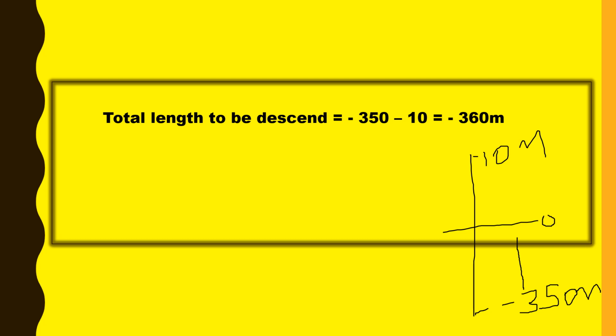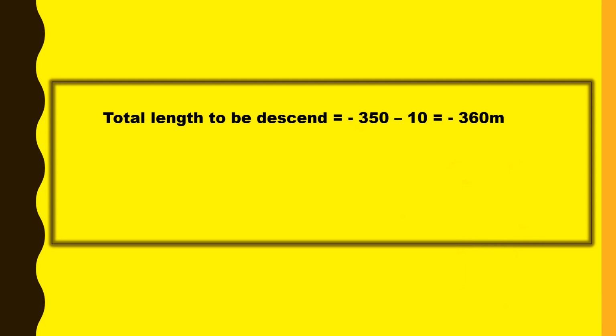But here the elevator is starting at this point, so it should travel this 10 meters as well as this -350 meters. As it is going down, we take negative values. So -350 and it is -10. If you add both, you will get -360 meters. This is the total length that the elevator should travel.